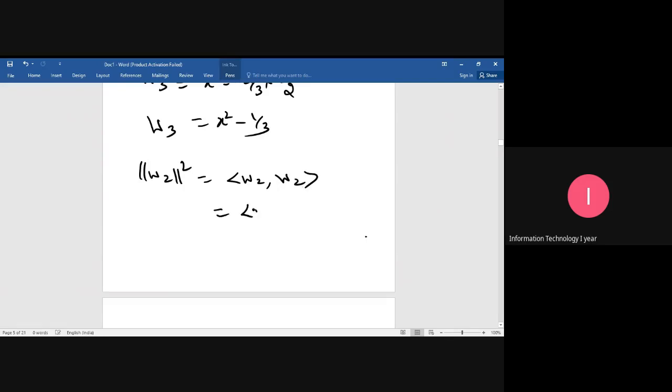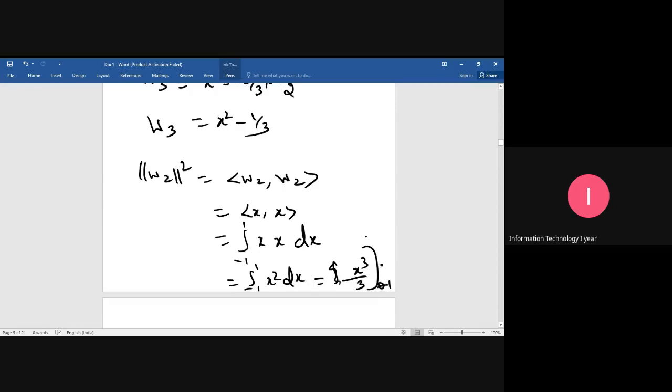So the inner product of x comma x, using the given definition of inner product, is the integral from minus 1 to 1 of x into x dx, right? F of x into g of x dx. This will be the integral from minus 1 to 1 of x² dx. Now integrate it: x power 3 divided by 3. X power n becomes x power n plus 1 by n plus 1.